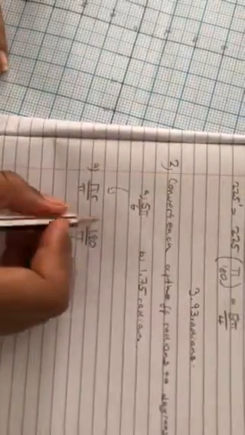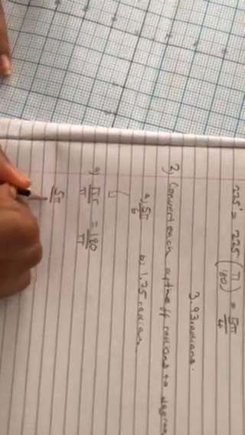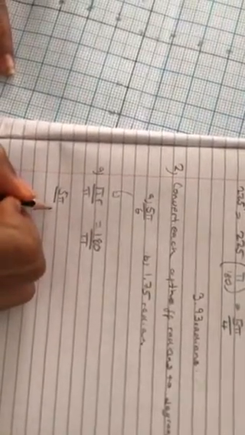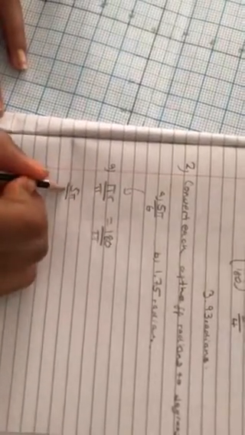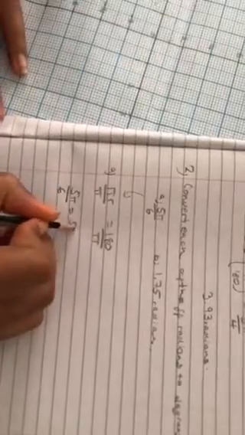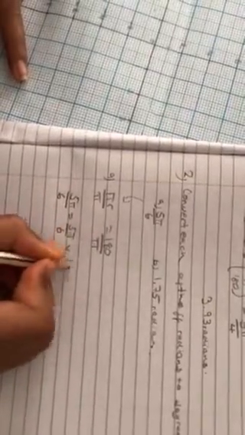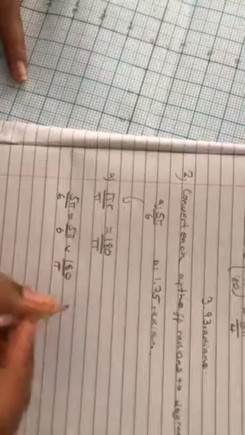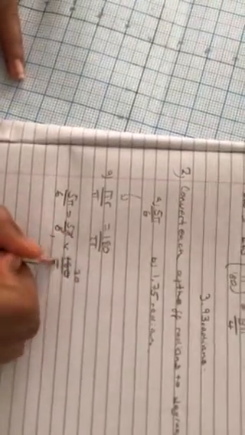So your answer will be 5 pi over 6 times 180 over pi. 6 will go into 6 once, and into 180 thirty times, and then pi will cancel out pi, so your answer will be 150 degrees.